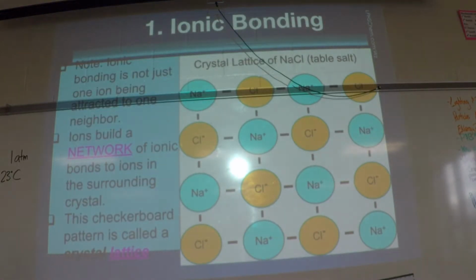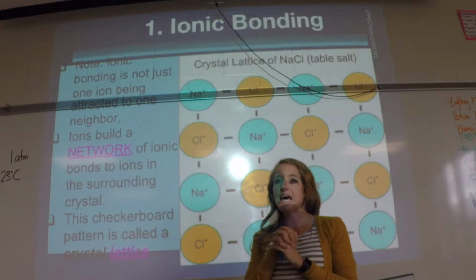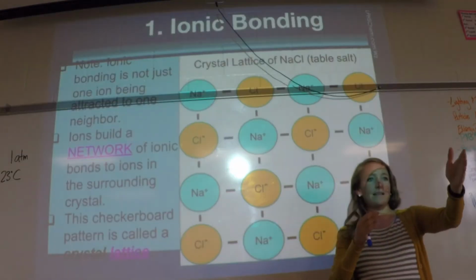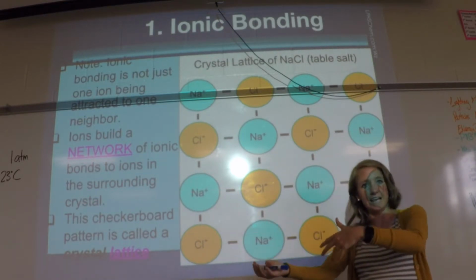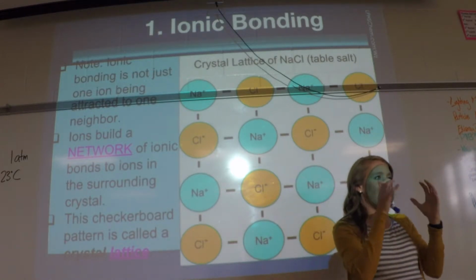One thing that's unique with ionic bonds is that even though Bailey gives her electrons away to Elise and Elise takes them, what we get is this giant network of a solid.